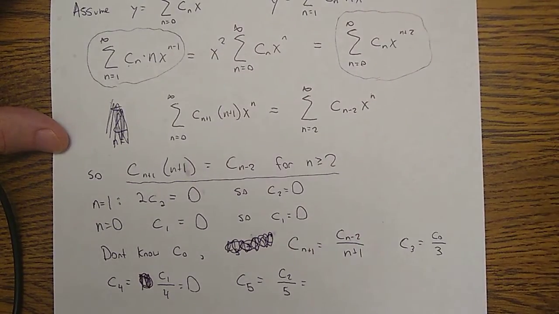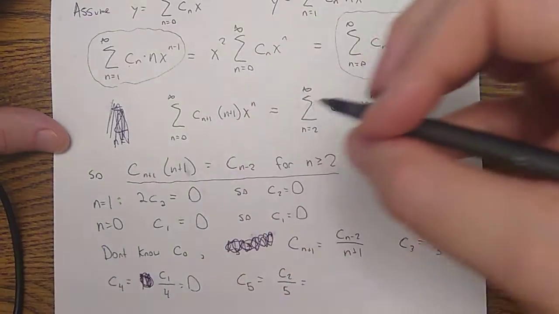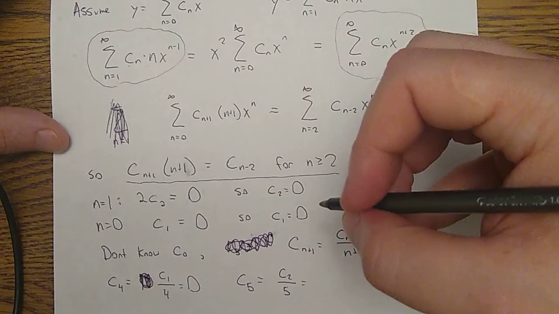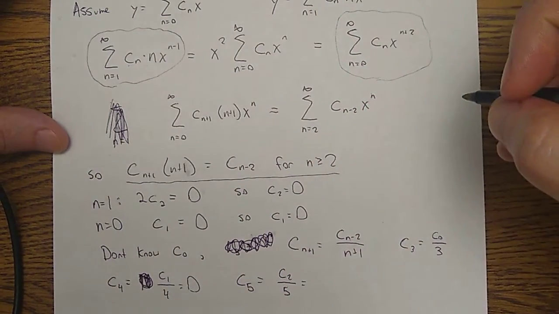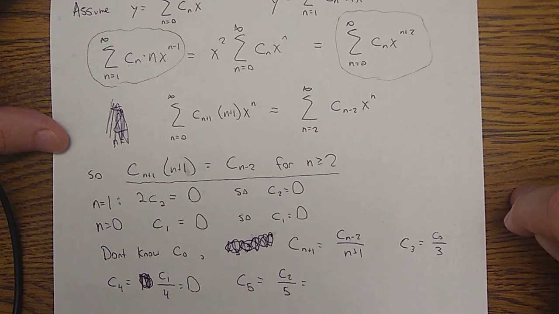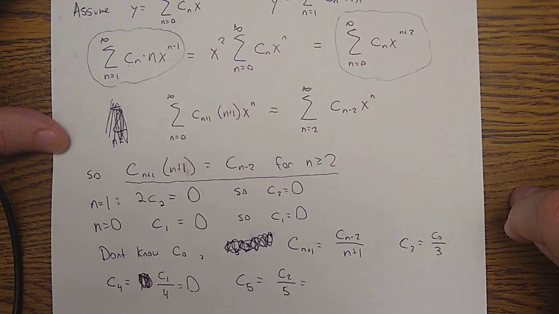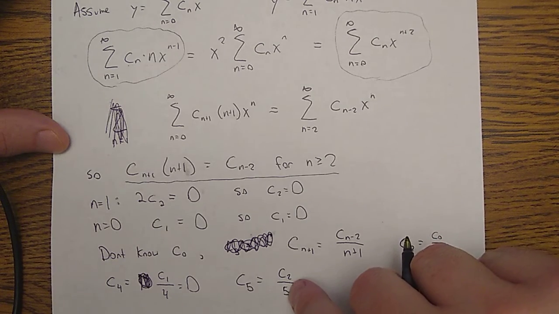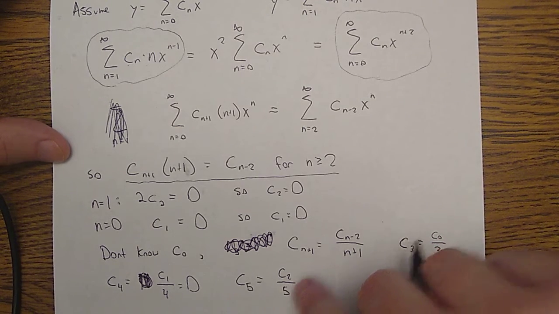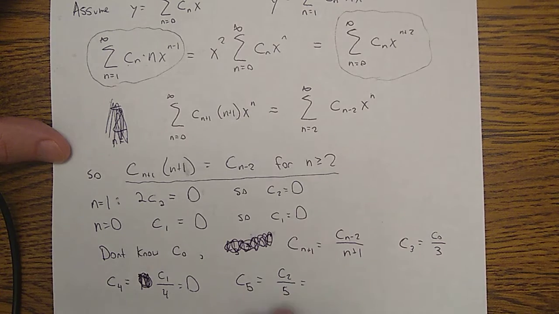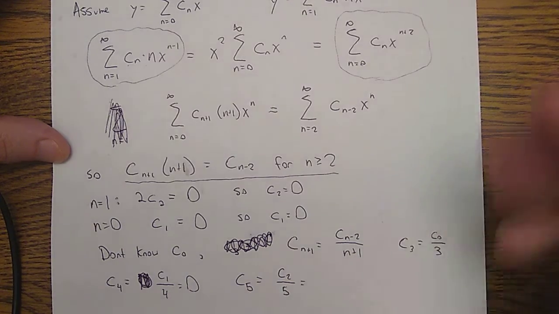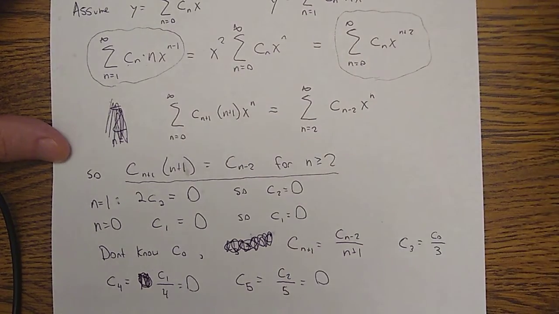Oops, I'm really messing this up. I'm just a little bit scatterbrained here. C5, n would be 4. I plug that in, I get C2 over 5, which would be 0.